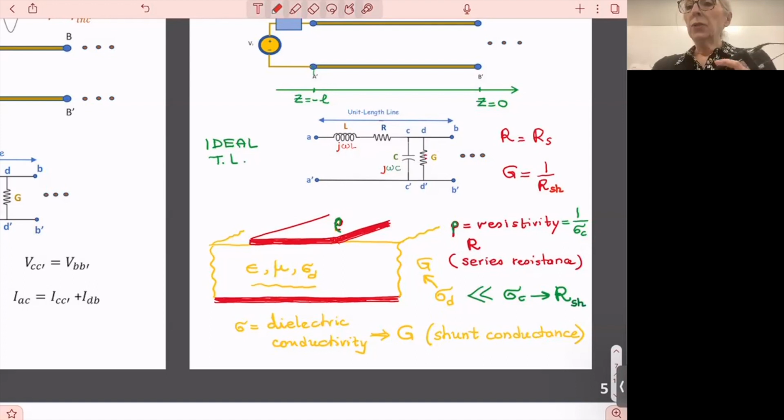The higher the conductivity, the lower the losses, all right? So ideally, you would like to have the conductivity of the conductor be infinite, which means infinite conductivity allows all the free electrons to move without losing energy as they try to move on the surface of the conductor.